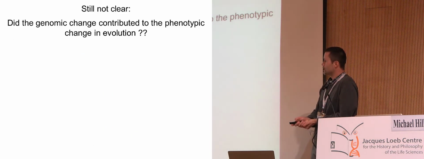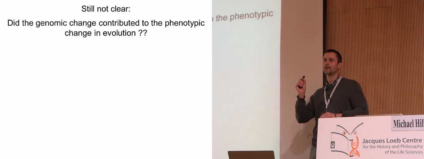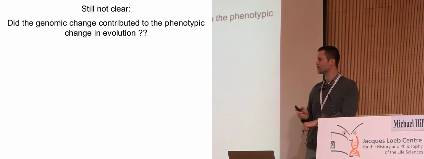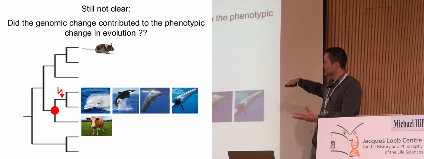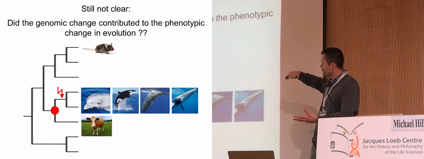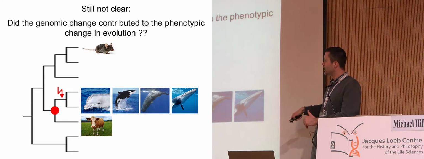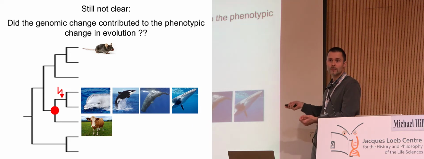Good. What is still not clear, last slide, is whether the genomic change that we found really contributed to the trait change in evolution. Right? So if you think of, here's an example, the evolution of whales and dolphins. Where we know, okay, relevant changes happened on this branch. And you can use mouse to test causality. And you would probably argue, well, in principle, we should maybe test species which are closer to the study objects.